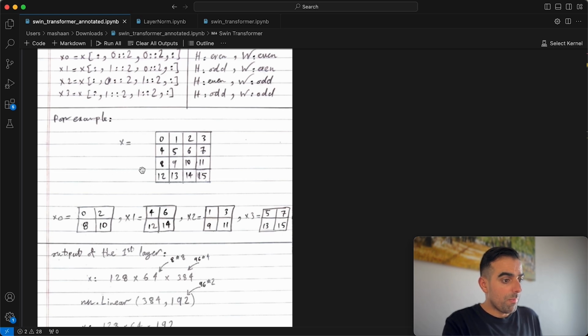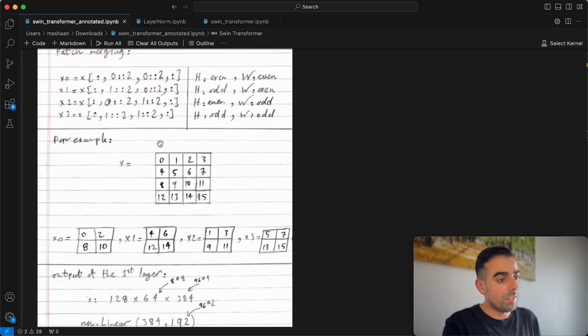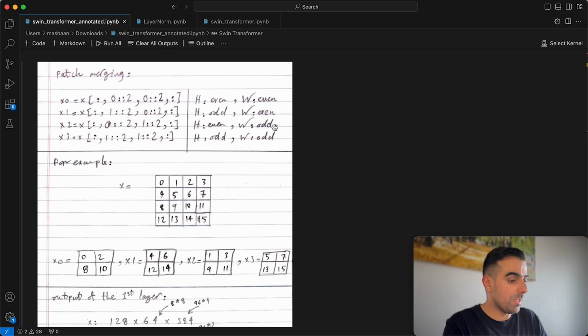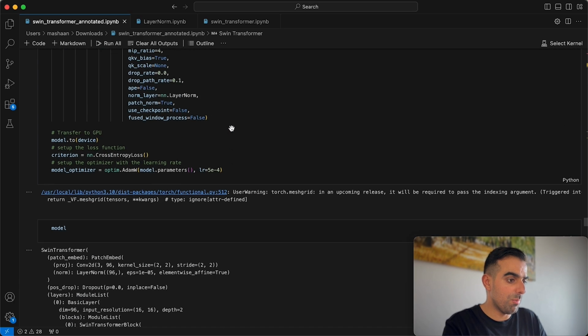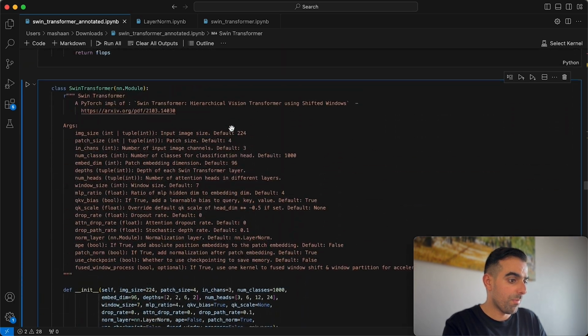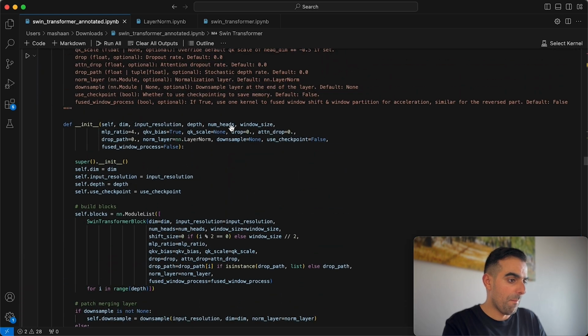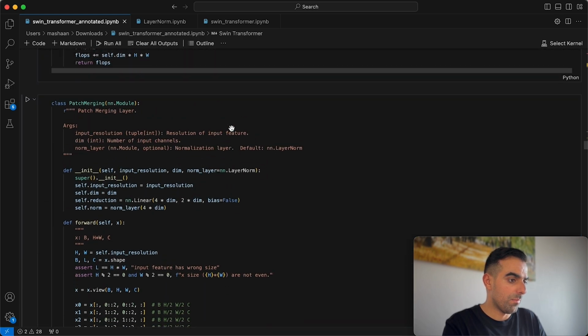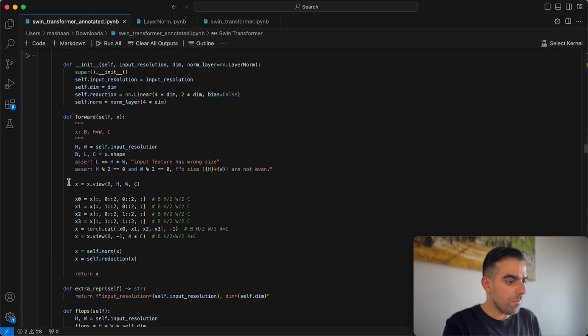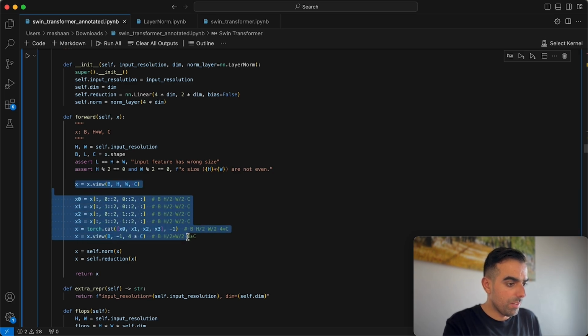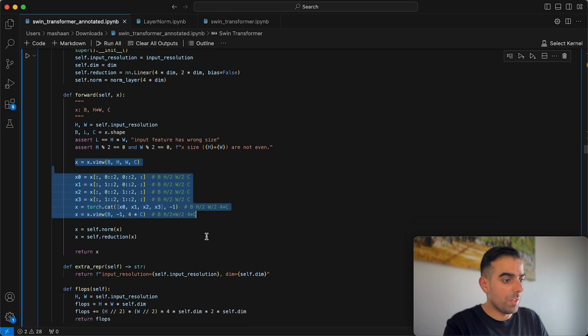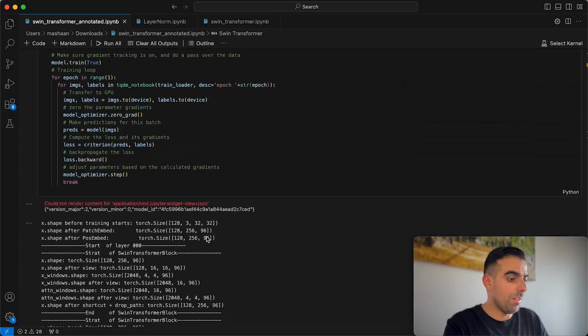So for example, this is a 4x4 matrix. If we do this logic, which by the way you can find in the patch merging class here, this is what will happen in this example.